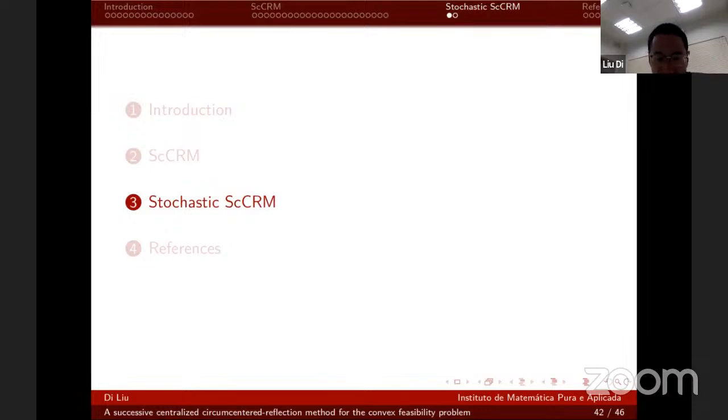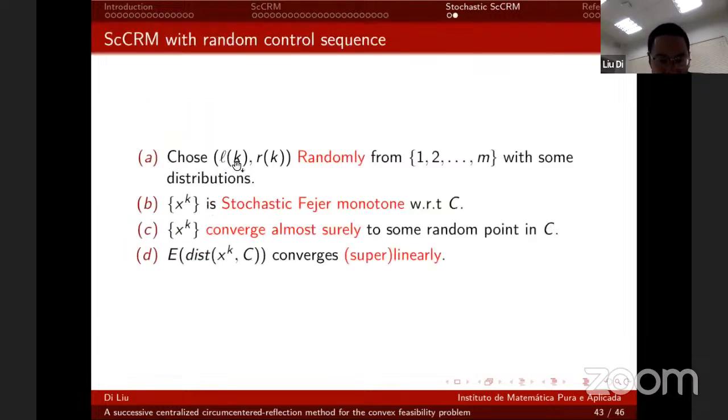Actually, I just want to say a little about what I'm doing now. I'm doing the CRM with a stochastic control sequence. First, we choose the pair lk and rk randomly from 1 to n with some distribution, but I just used the uniform distribution, which is the simple one.